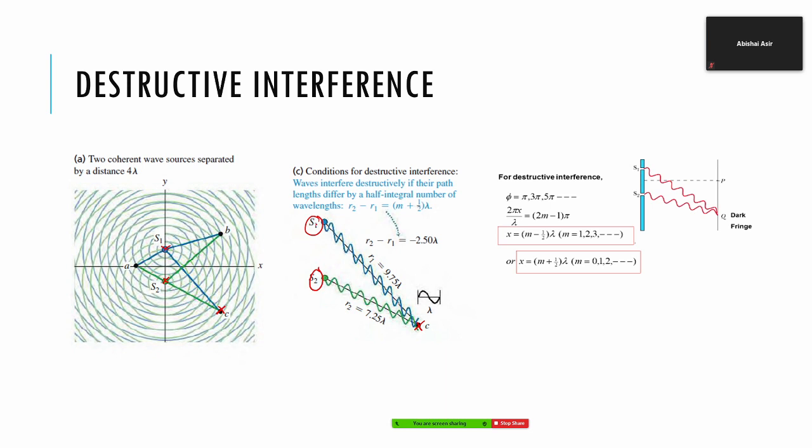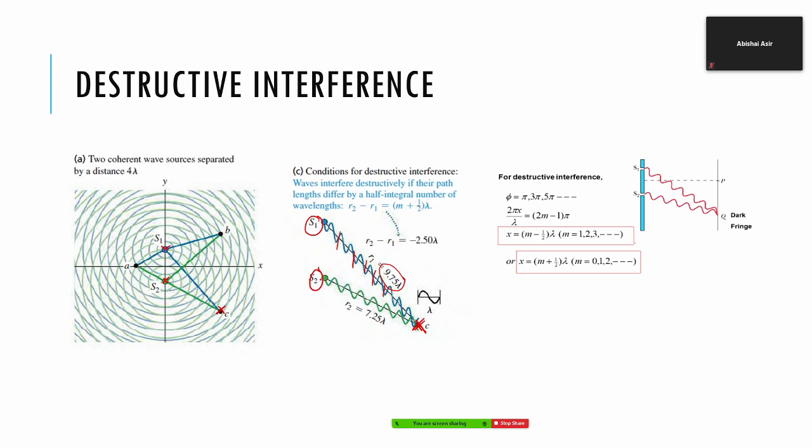For source number 1, the length is 9.75 lambda. It means that if you count 1, 2, 3, 4, 5, 6, 7, 8, 9, it will be 9.75 lambda at this point.